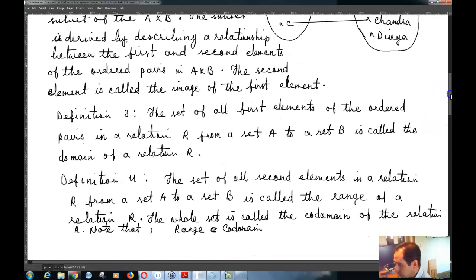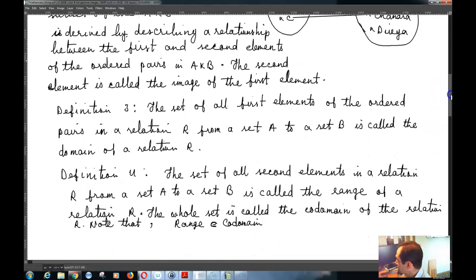Now what that means is, from definition number 2, we said that the relation R from a non-empty set A to a non-empty set B is a subset of the Cartesian product A times B. So suppose, for example, you have two sets.